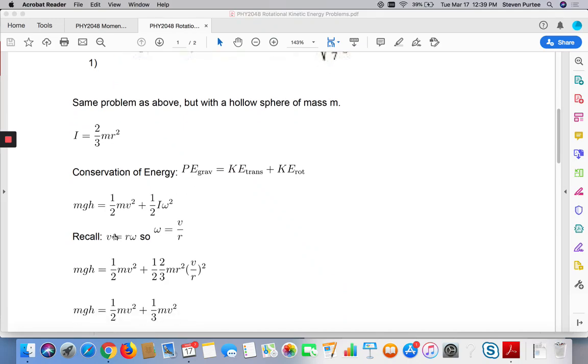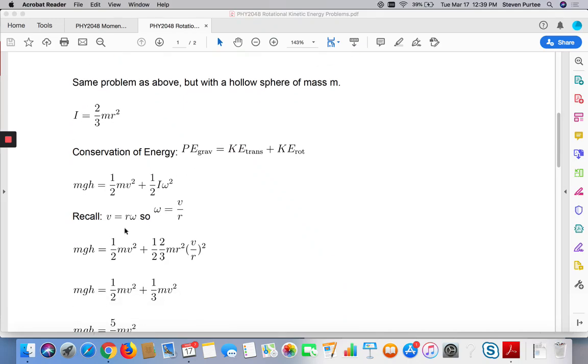V equals r omega. So we can plug omega equals V over R into here, and then our equation only has V's in it. And the moment of inertia of a hollow sphere, we looked this up in a table, is 2/3 mr squared.